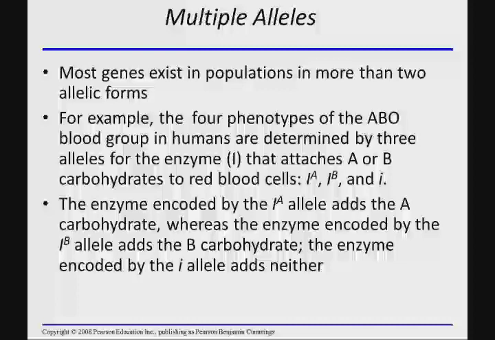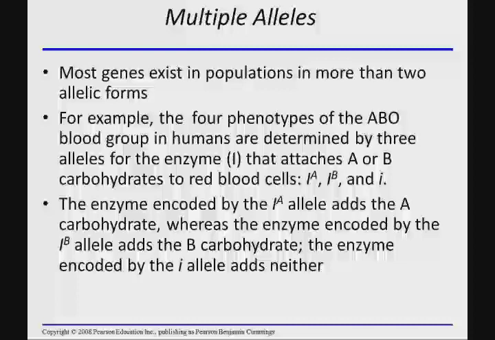So if we go back to blood type as an example of this, we actually have 3 different alleles. And we're going to use the I symbol, capital I, for isoagglutinin, that is going to represent this locus. So I superscript A is dominant A, and I superscript B is dominant B, and little i then represents the recessive version of the gene, which is O phenotypically.